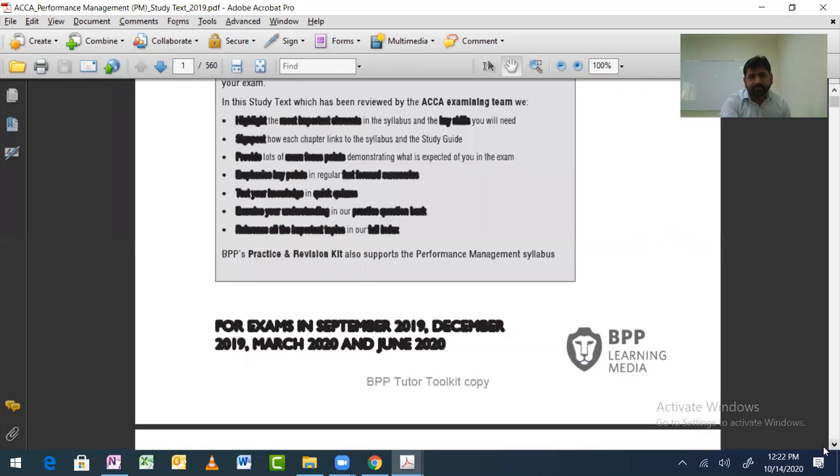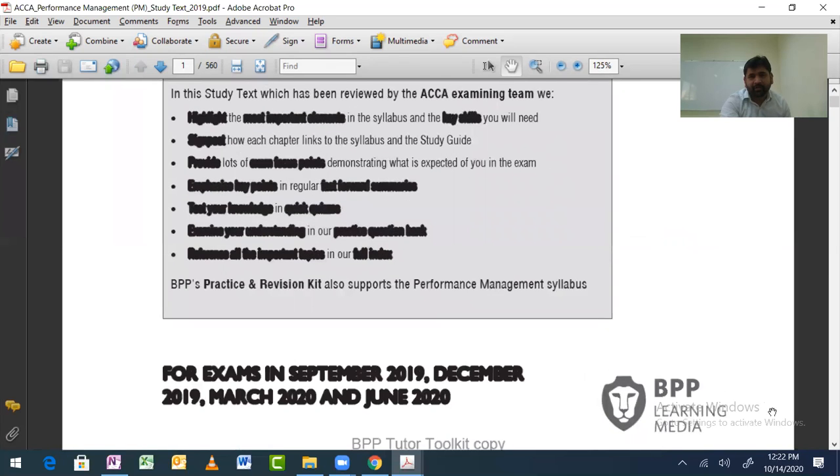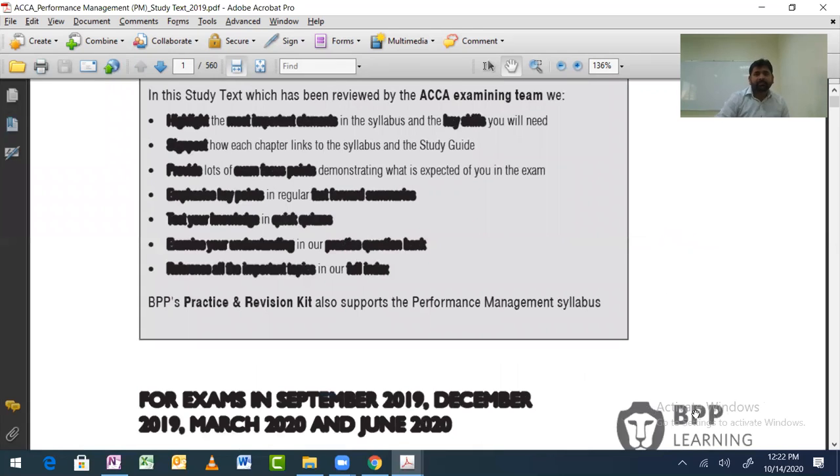And this year they haven't printed the study text. Actually, they are not continuing with the printing of this. So now they are giving us the workbook. That's why we are also giving you guys the workbook. If you want this book, I'll send you this also because in performance management, nothing changes.